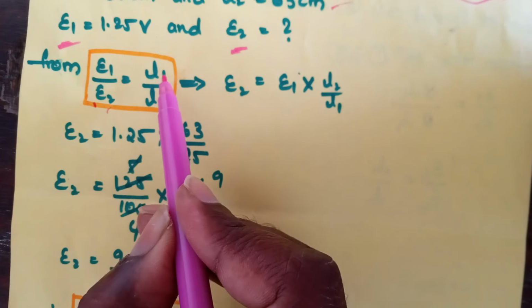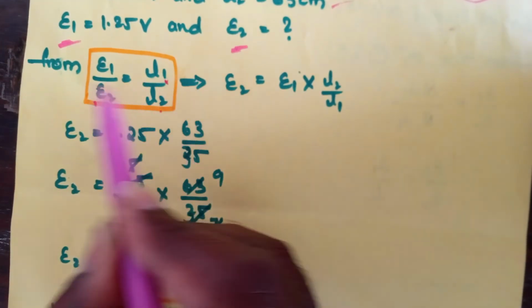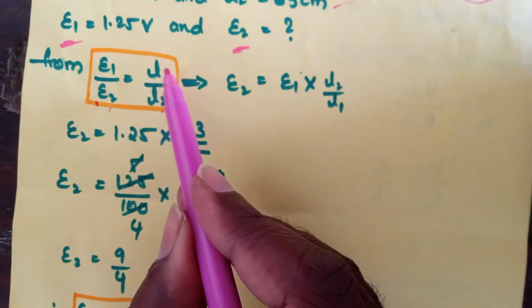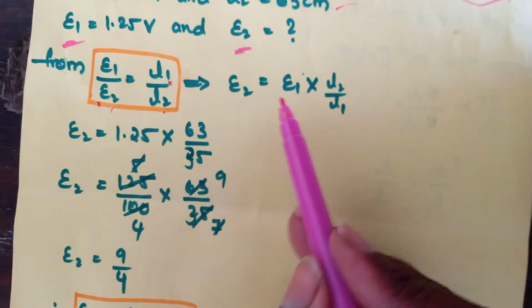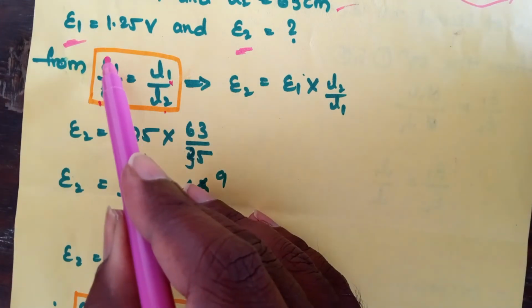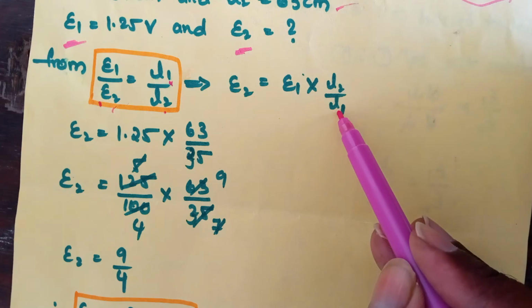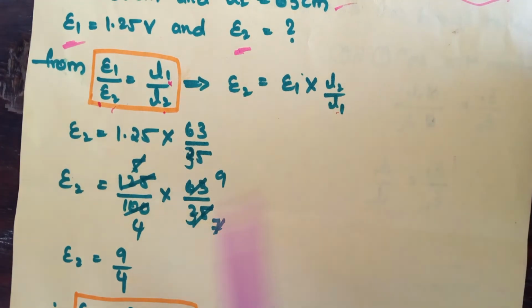We have to find out the epsilon 2 value. So epsilon 2 bring to the right hand side, and L1 by L2 you can bring to the left hand side. Reversed, epsilon 1 multiplied by L2 by L1. Now substitute the values.